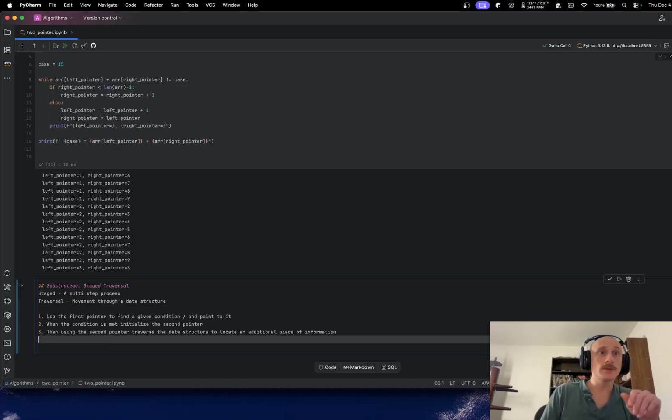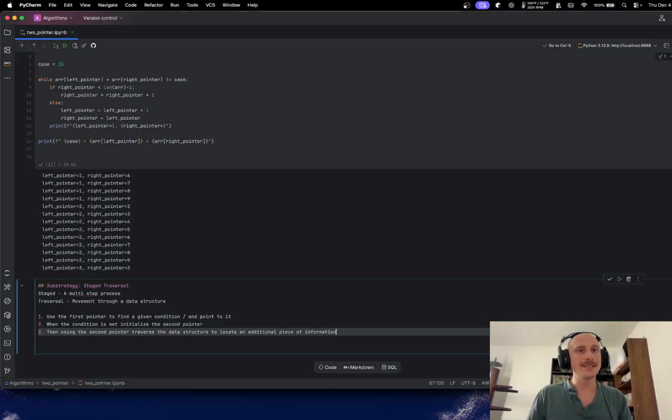Then the best thing about this is, what if we are looking for a second condition, to locate an additional piece of information to meet a second condition? So what this is saying is that this is a multi-step process.